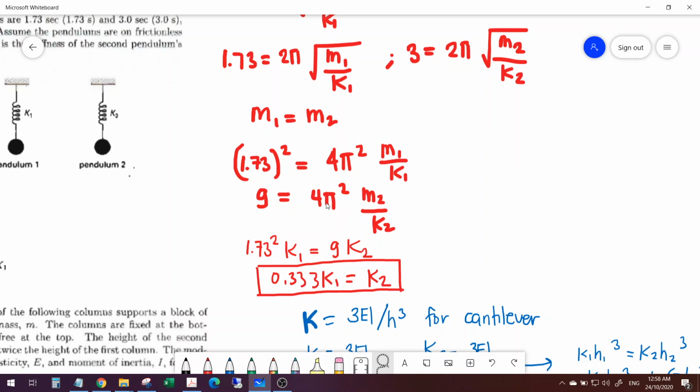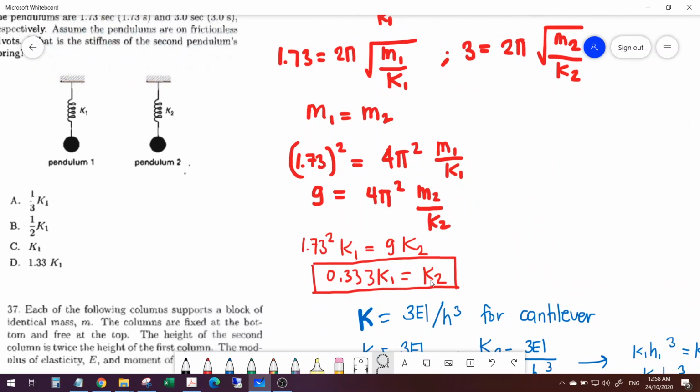So we can relate the two equations: 1.73 squared K1 is equal to 9 K2, with K2 transposed here and K1 transposed here. If you divide both sides by 9, you will get 0.333 K1 equals K2.